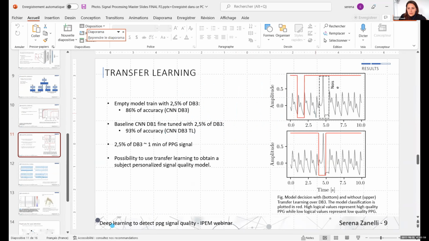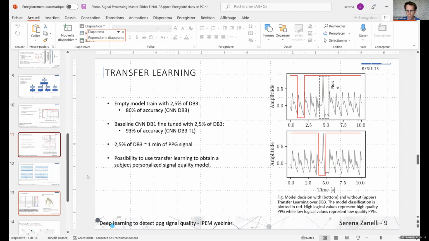And when we do transfer learning, as you can see here, without transfer learning, using the model trained over the bigger data set and then testing on the other data set, we don't obtain a very good result. But when you do transfer learning, we are able to detect that this is noise, even though we still have a peak that could resemble a PPG shape.